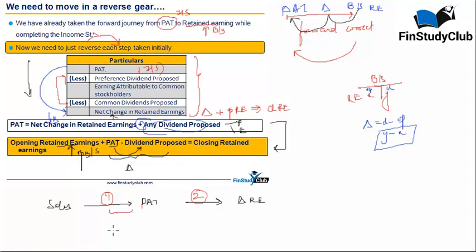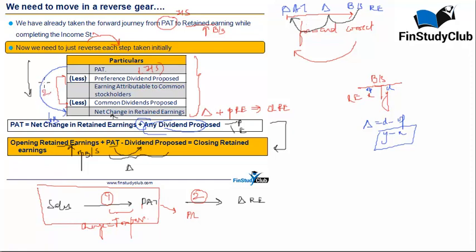Actually, they are part of one, which means your tax provision has got nothing to do with the P&L appropriation account, or the distribution of the profit. They are actually a charge on profit. Hence, this charge on profit forms part of stage 1.